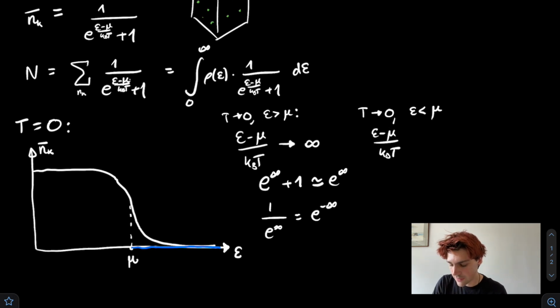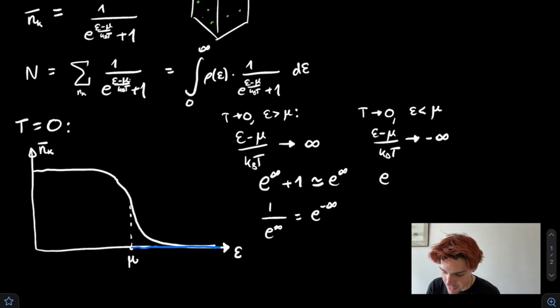And so if you divide it by this, then that whole fraction is going to be negative. When you get very, very small values for temperature, you're going to tend towards minus infinity, rather than infinity, because this whole term is negative. So (epsilon minus mu) over kBT goes towards minus infinity.